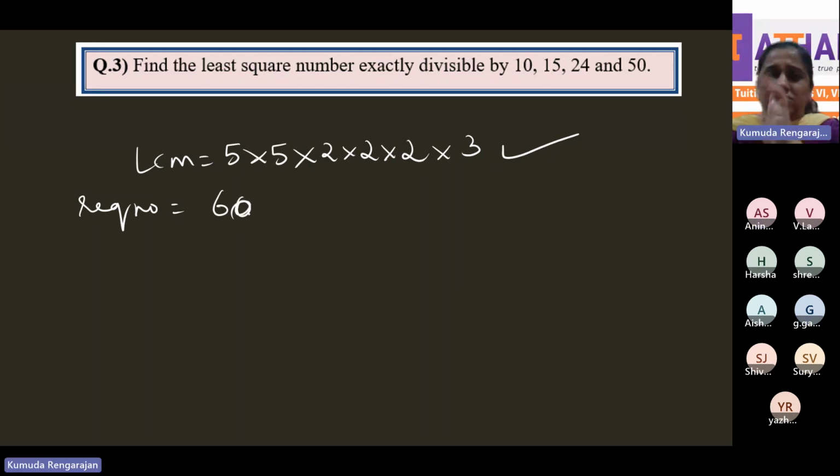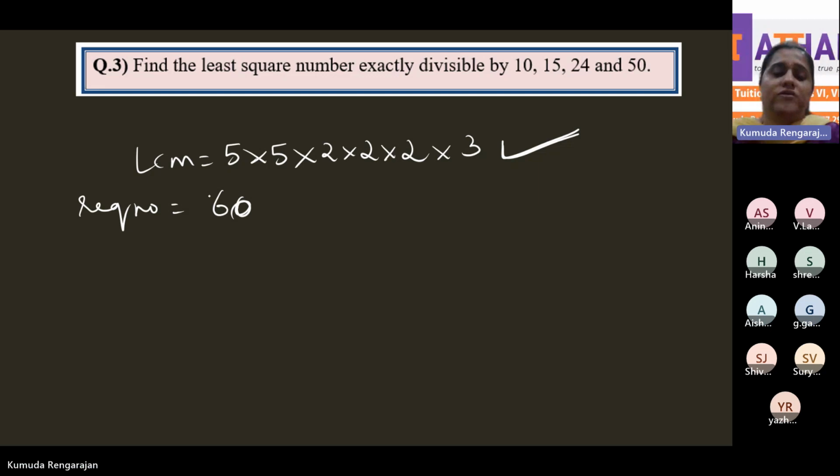Ma'am, 60. Yes, Gayatri? Ma'am, I got 3,000. Yes, ma'am. 300, ma'am. 3,600. Okay. Did you get these factors for the LCM, Gayatri? Yes, ma'am. And I multiply each with itself, ma'am.